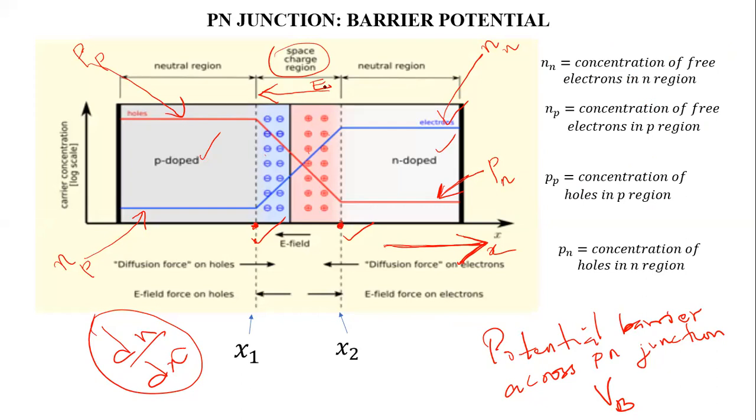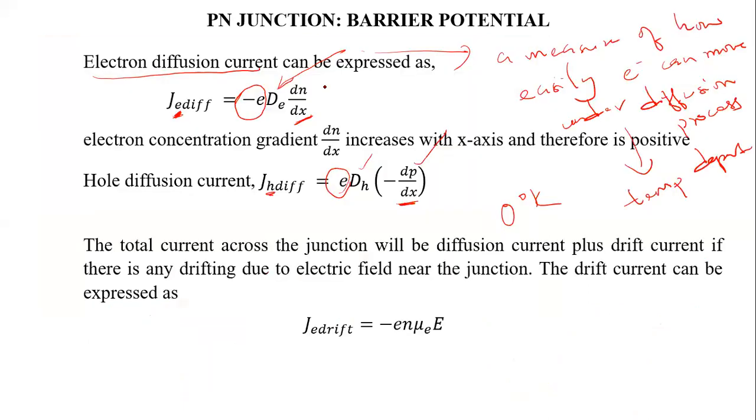When electrons and holes move under the action of an electric field, we call that motion the drifting of charge carriers. When the charge carriers move under the action of an electric field, we say that there is a drifting of the charge carriers.